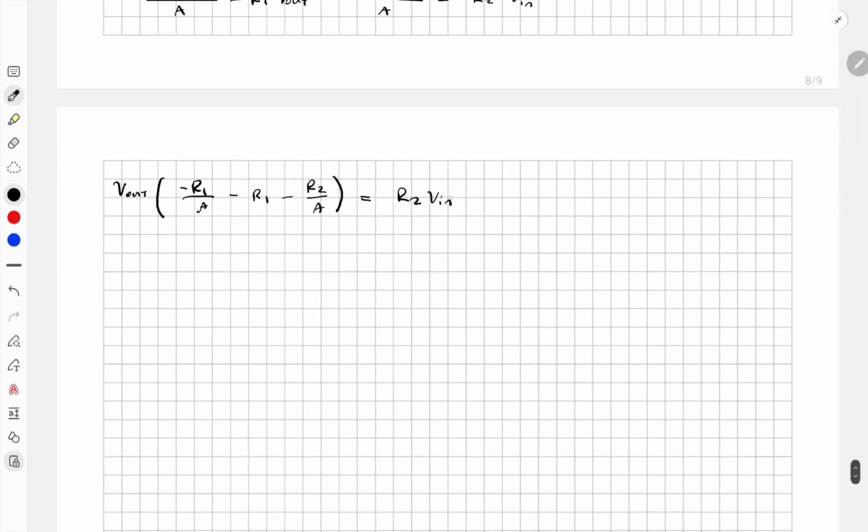So divide both sides by V in and by this factor here. We can say gain, V out divided by V in, is equal to R2 divided by a very complicated equation.